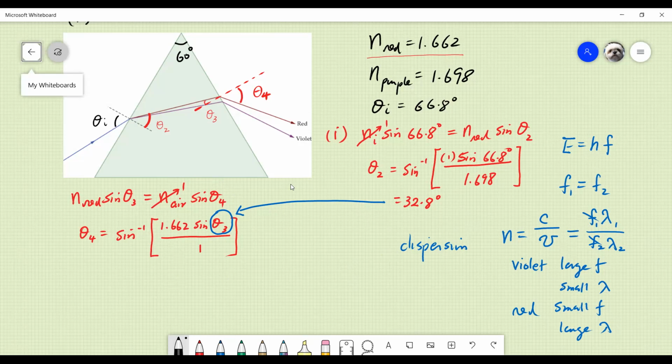Now if this is 60 degrees, by the way, what is this angle equal to?